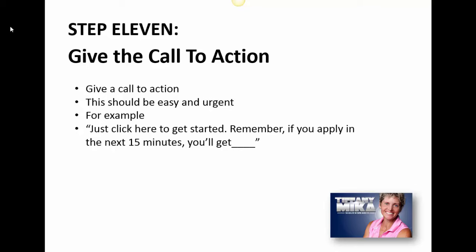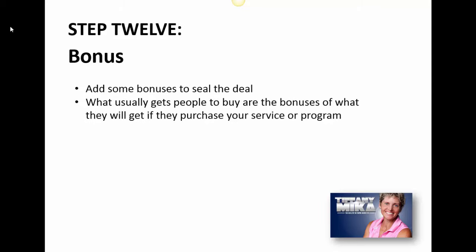Step 11, give the call to action. Our call to action is getting people to take action, so this should be easy and urgent. For example, just click here to get started. Remember, if you apply in the next 15 minutes, you'll get, and then you can add things to that. Give them a purpose for why they should take the call to action. That also leads to step 12, the bonus.